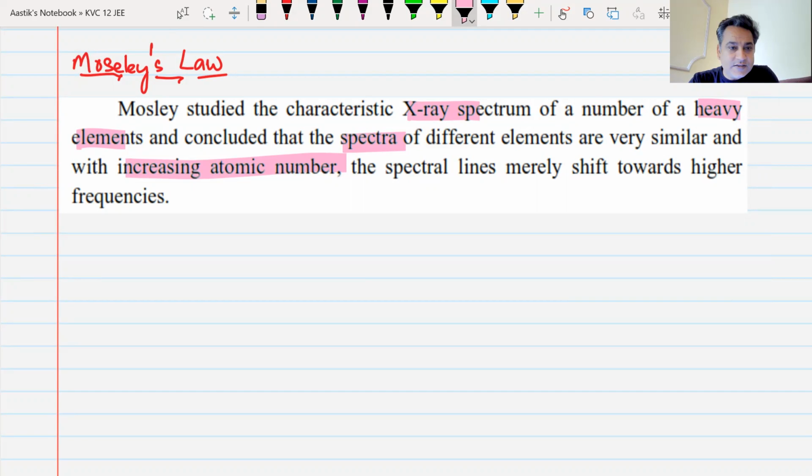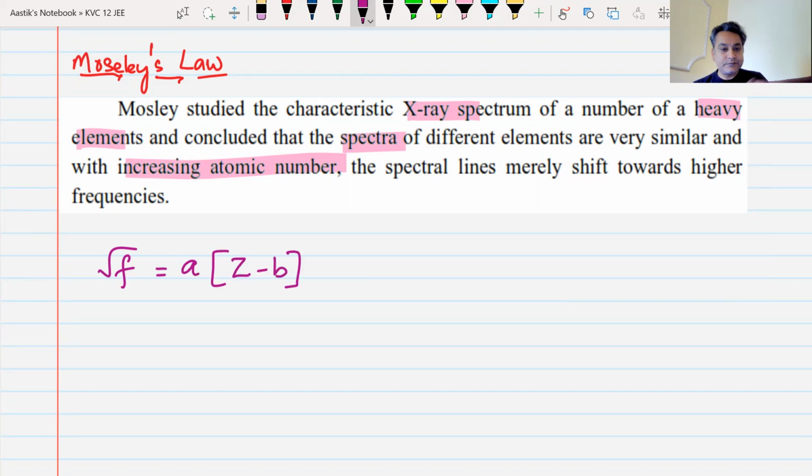In fact, he found out that the root over frequency of these characteristic X-rays can be written as A times Z minus B.